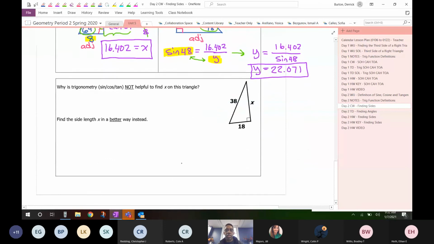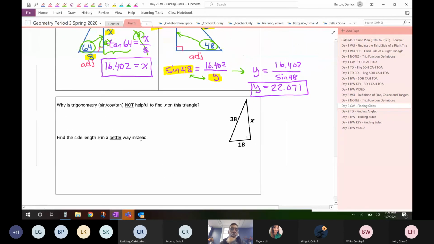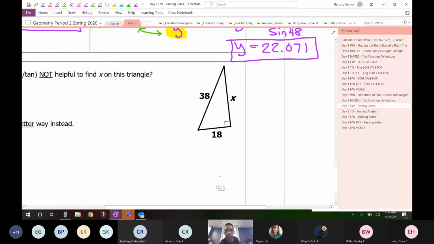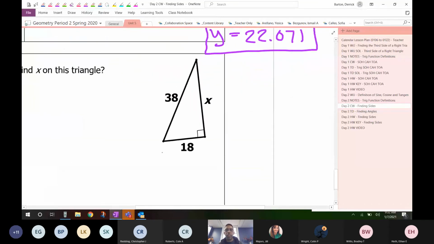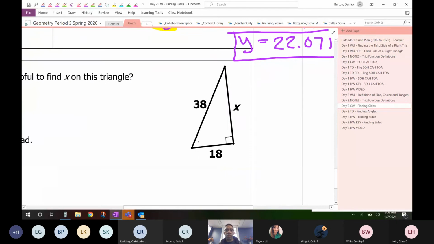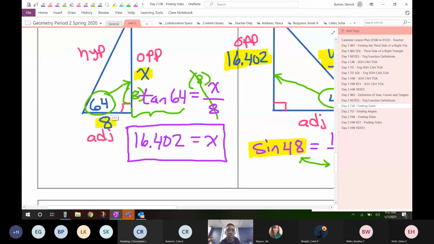Okay, we're down to the last problem. Why is trigonometry, meaning sine, cosine, and tangent, not helpful on this problem right here? And the problem is we need an angle. All right, we always need an angle, right? That's one of the first things we do.